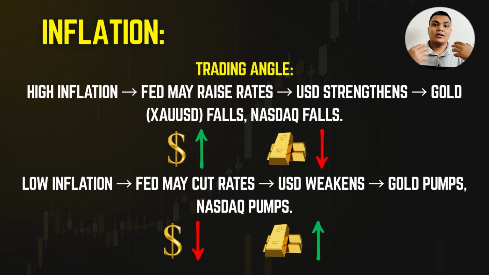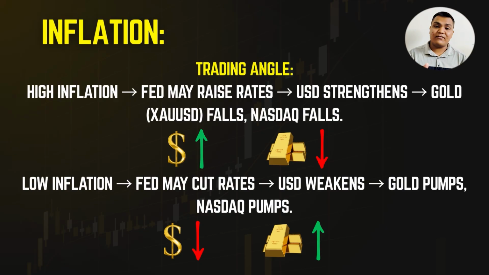What does it show? It shows USD strength, it shows the USD pumping, and as per that USD we are going to plan our trades on gold, Nasdaq and whatever asset you trade. For this understanding I am taking Nasdaq and gold as an example.